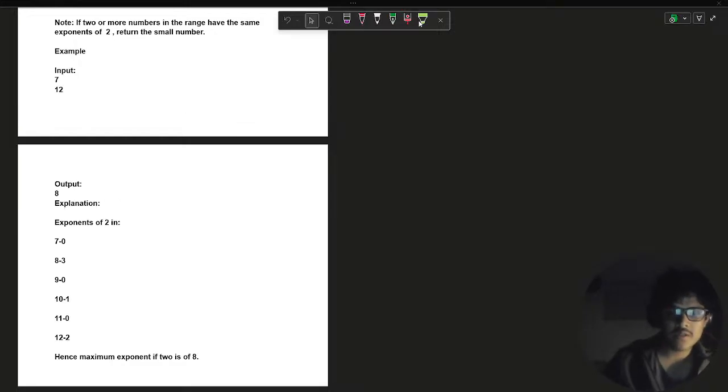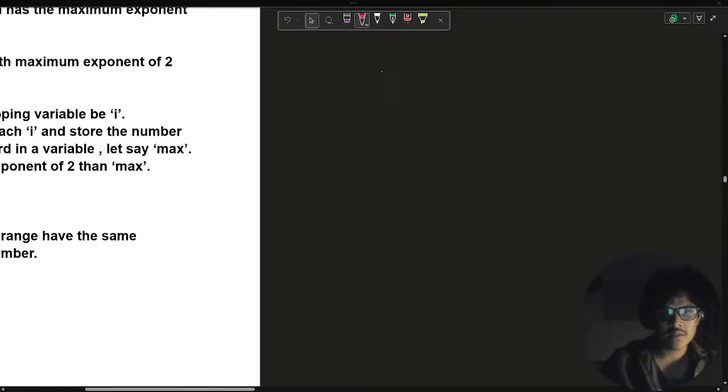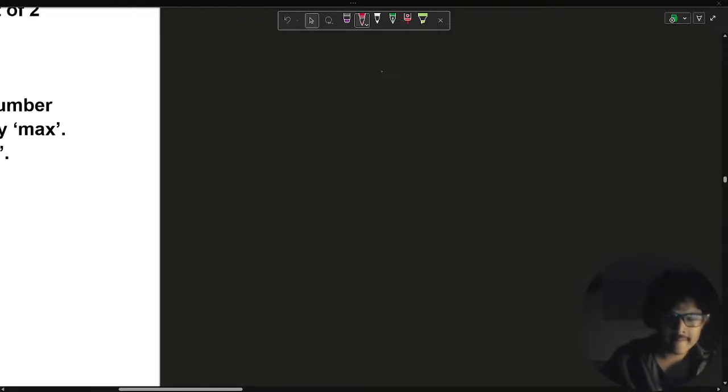So what it is essentially saying, we'll zoom out a bit and go through it. A and B are two number ranges. Let's take the example that is given, 7 and 12.